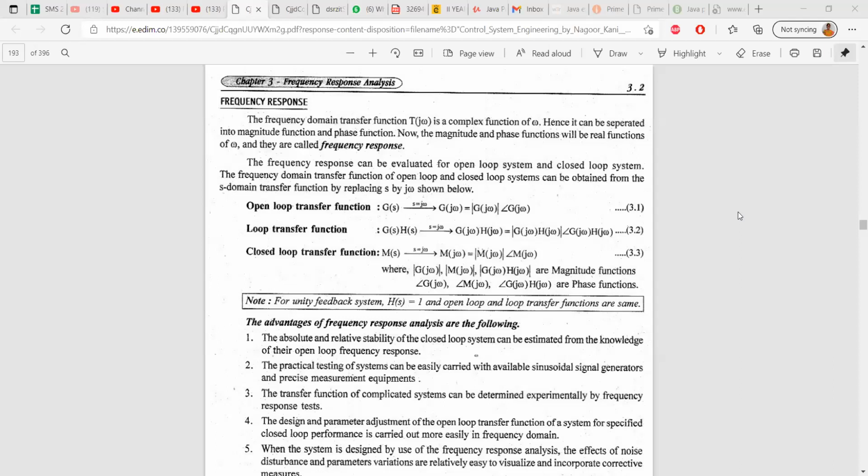The magnitude plot is the plot we draw between the magnitude in dB, dB being decibels, versus the logarithmic scale of frequency.